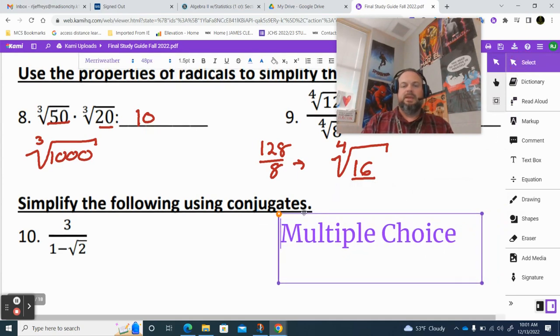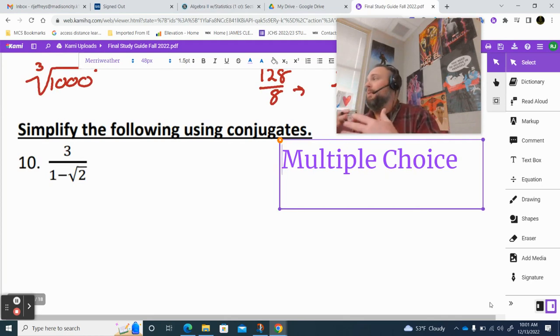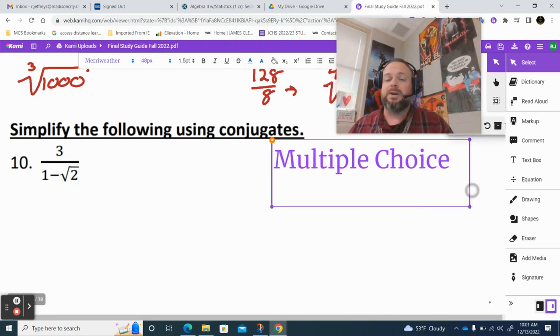Number 10. This problem says it's multiple choice. So I would probably put on my orange sheet that when it says this, it's going to be multiple choice. You still may have to work it out.